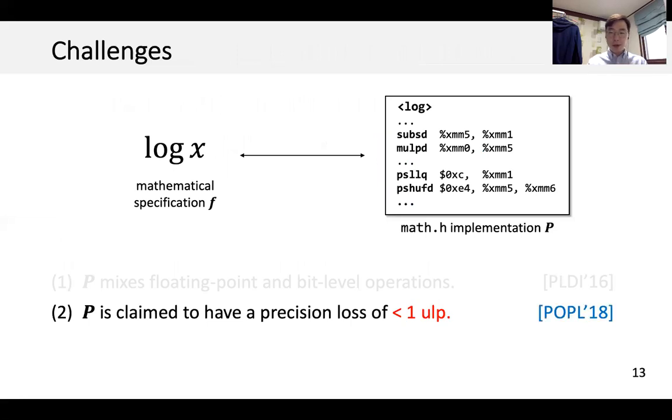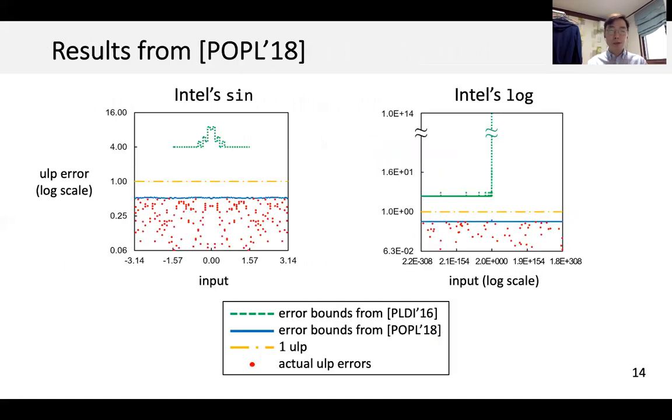We also partially solved this problem and presented it at OOPSLA two years ago. I'm not going to talk about our approach, but I will show some of the main results from the paper. Here the y-axis represents the ulp error bound that we found, and the x-axis is the input values. Those two graphs are for Intel's sine and log implementations.